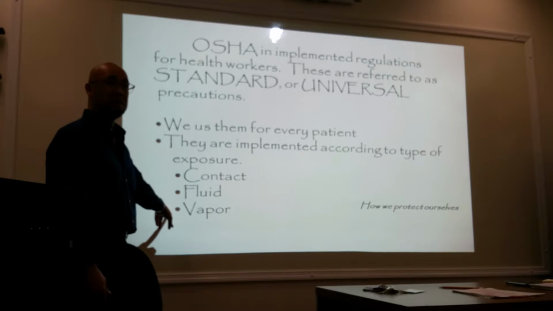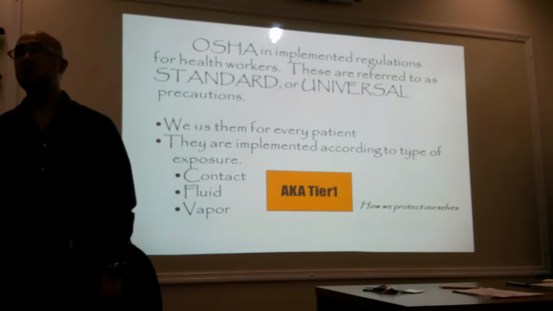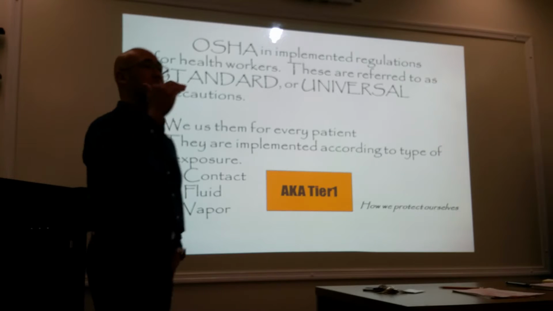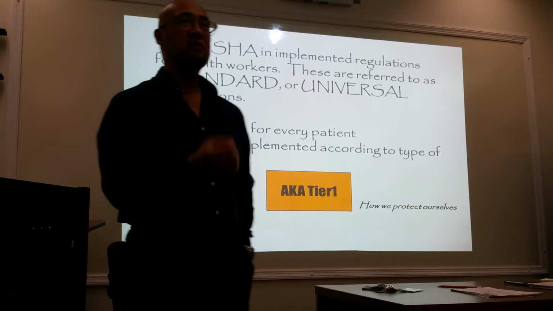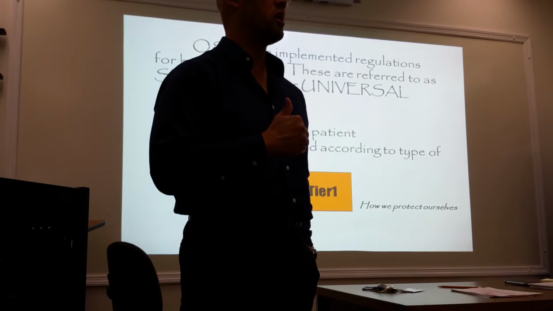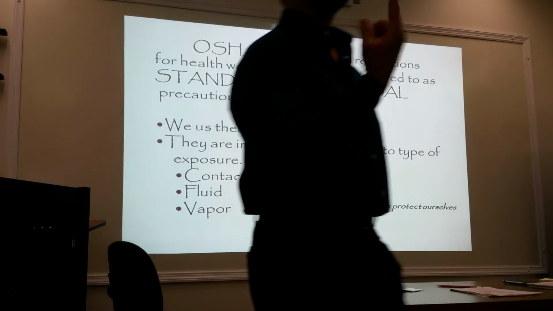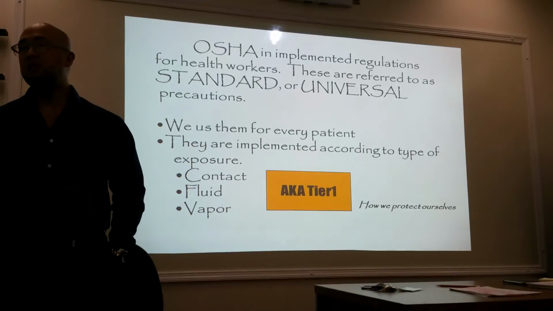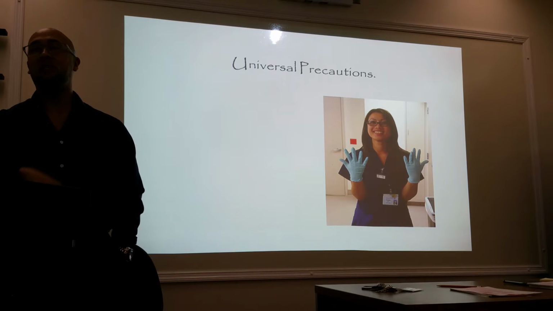Someone who may be coughing and sneezing. This is known as Tier 1. It's broken up into two different tiers. The application of a PPE falls under the category of Tier 1. What is it that we need to wear to protect ourselves? That's Tier 1. Tier 2, jumping ahead of myself, let's talk about Tier 2 later.